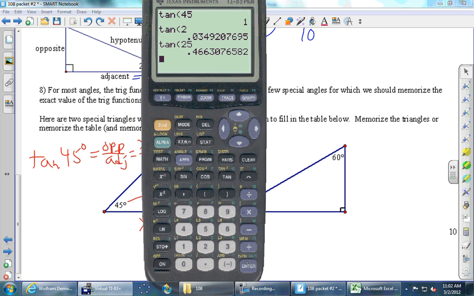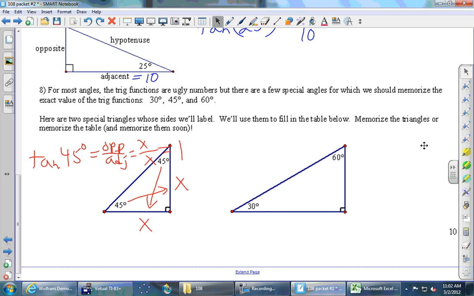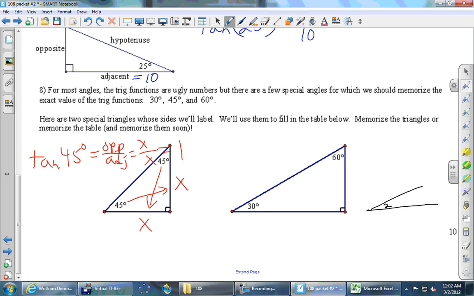This means something. The opposite over the adjacent is 0.466. Think of it as a percentage. That's like 46%, right? The opposite over the adjacent is 46%. The opposite side is 46% of the adjacent side. Does that make sense? If you have a 25-degree angle, so I'm just thinking about this, 25 is not all that big.